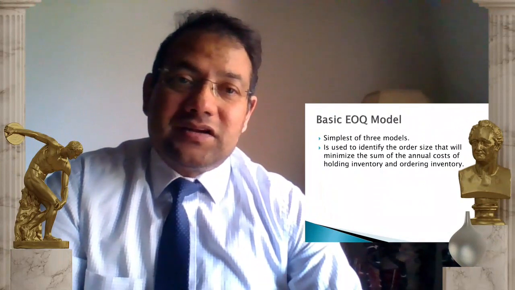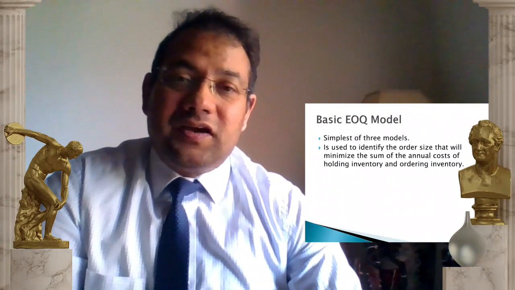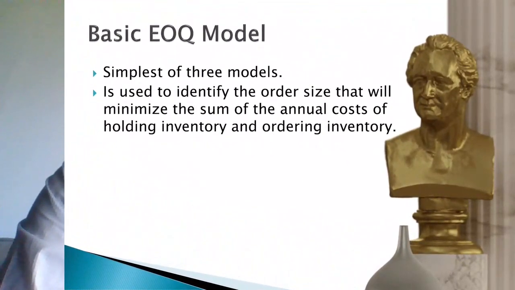So let us understand the simplest of the three models, that is called the basic EOQ model. In the basic EOQ model, it is used to identify the order size that will minimize the sum of the annual costs of holding inventory and ordering inventory. I told you when you order, there are two costs.